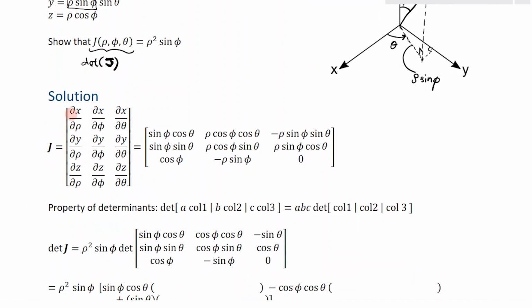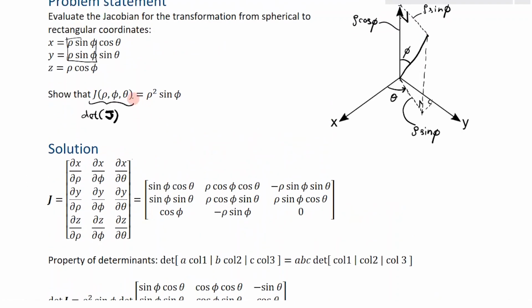Okay, so J is given by this matrix of partial derivatives. Again, in the first row, we have everything for x, then everything for y, then everything for z. And then here we have derivative with respect to rho, with respect to phi, and with respect to theta. With respect to rho, we will get everything the same except rho will go away. So we'll get sine phi cos theta, sine phi sine theta, and cos phi.